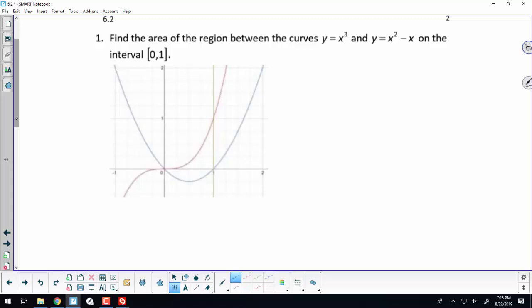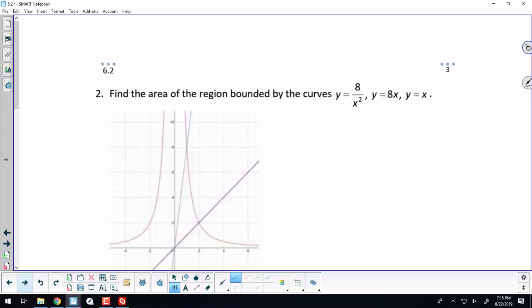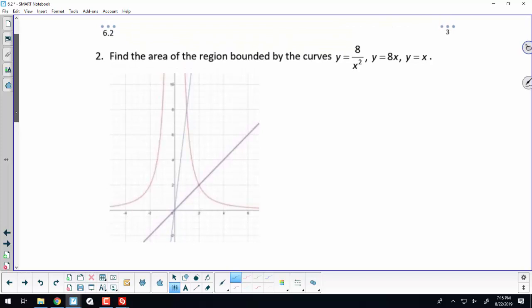I think I want to skip this one. This is a little bit more of a straightforward example compared to example 2. I know that probably didn't print out very well, but here, this is, I think, blue.